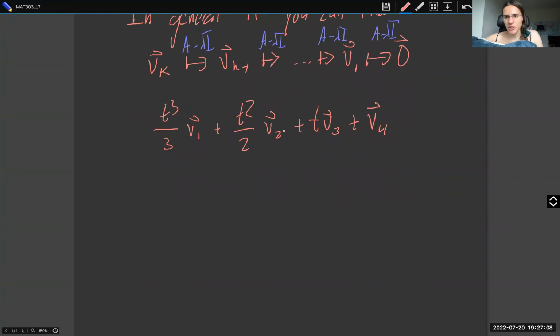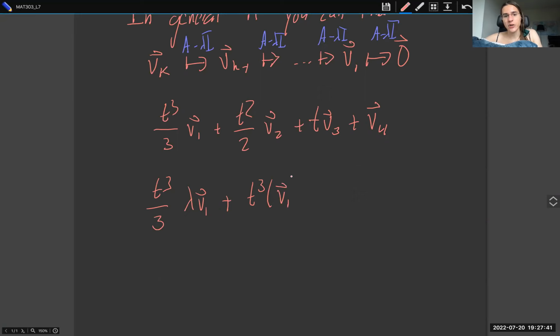So if we do the derivative, then what we're going to get is t cubed over 3, so lambda v1, that's good. But then for the next one, we're going to differentiate this, and so we're going to get t cubed, and the 3 is going to go away. But then we're going to get plus t cubed, so 1, or rather v1.